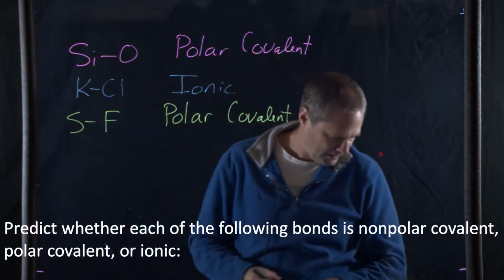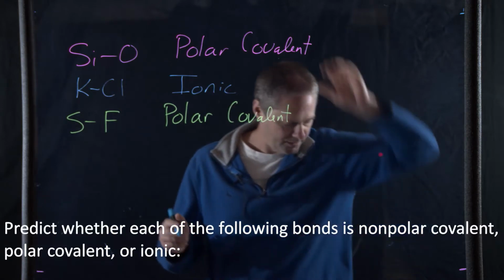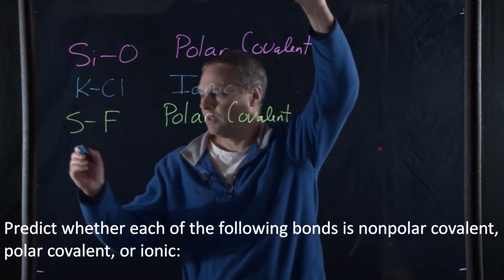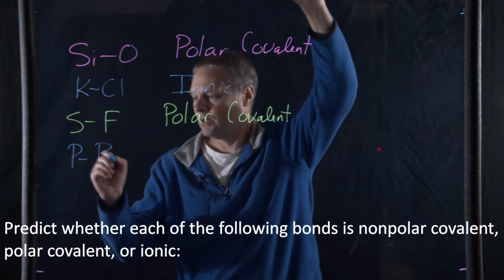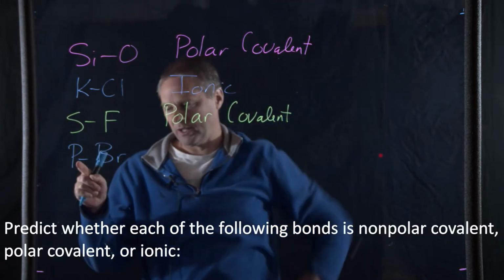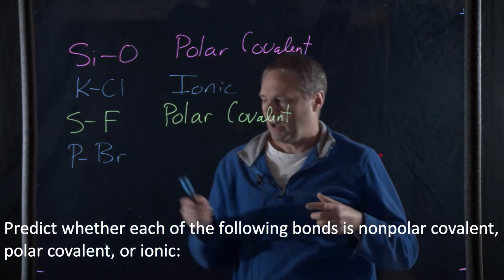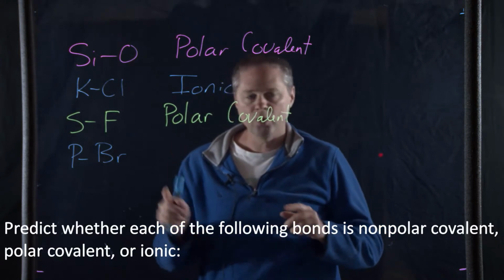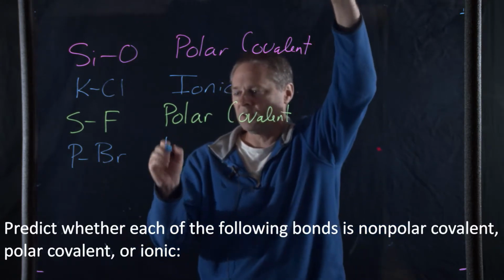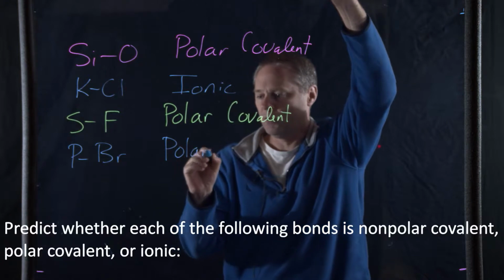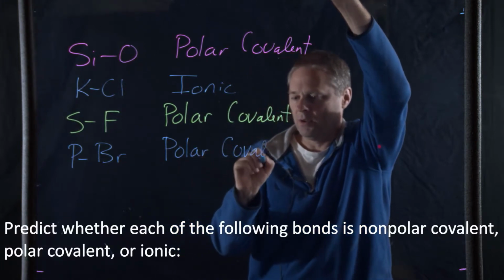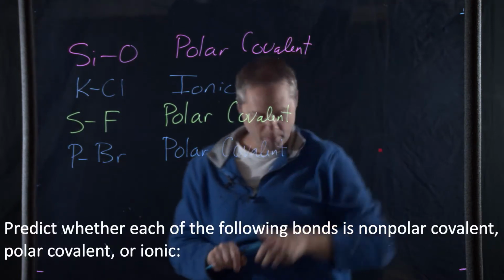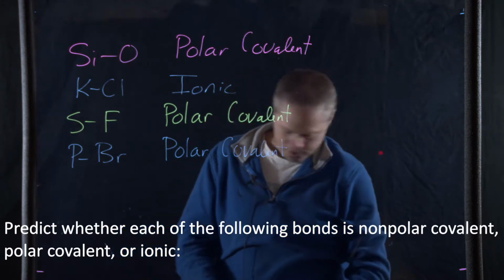Now the next one is going to be phosphorus bromine. Once again, we have non-metals, heteronuclear, different nuclei. And so this will be a polar covalent bond.